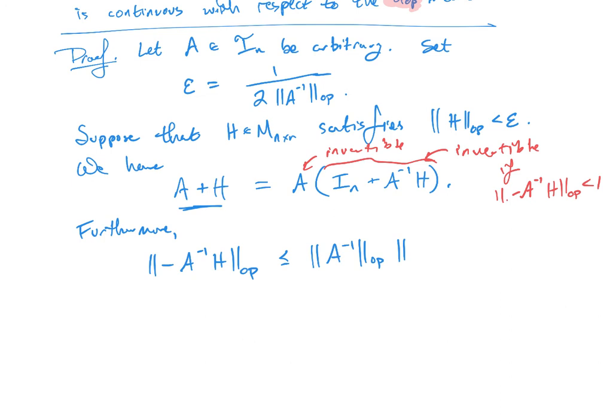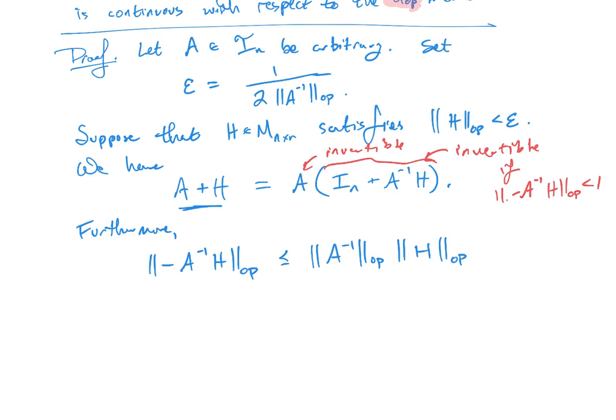We already said we can do an inequality on the product. So it's at most the product of the operator norm of A inverse and the operator norm of H. And then this is what we defined, right?